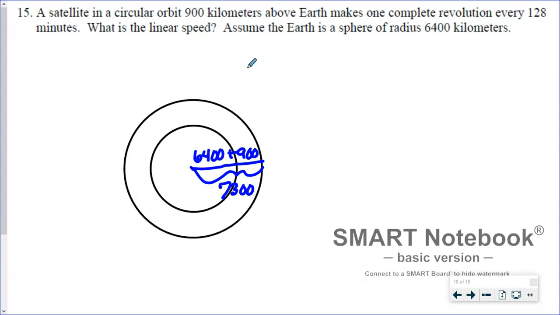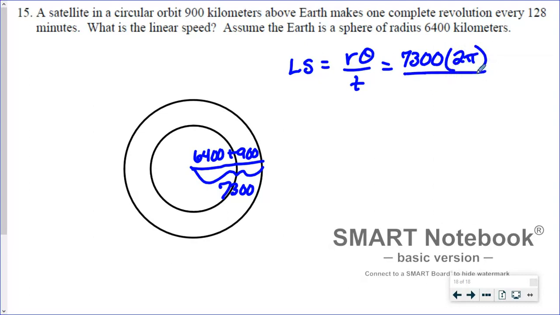So now we're still doing linear speed, right? Linear speed is equal to r times theta over t. It says that it completes one revolution every 128 minutes. So we know that the radius is 7,300. We know that theta, the angle, is one complete revolution, so again that is 2 pi. And we know that it took 128 minutes.